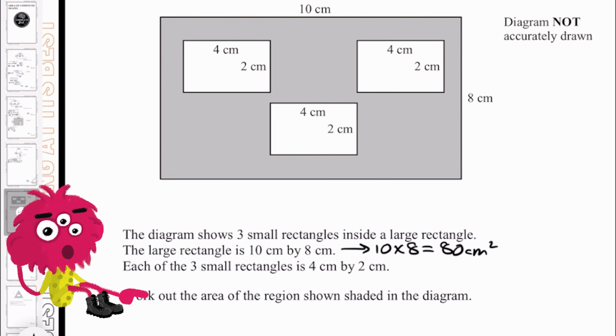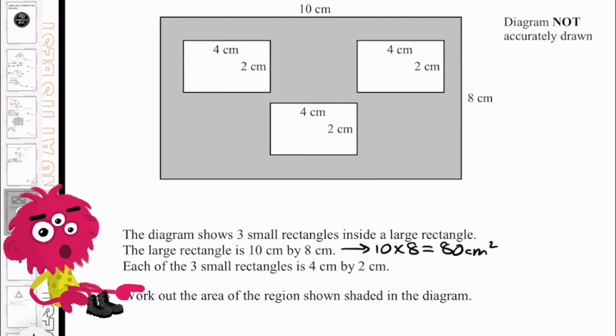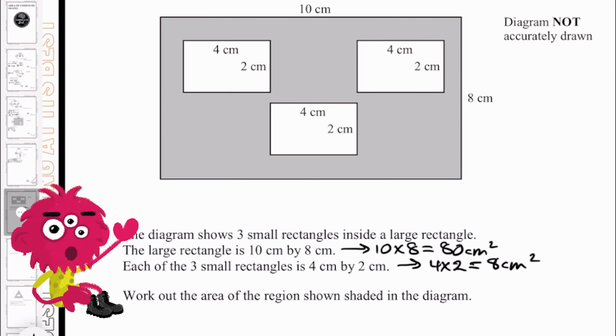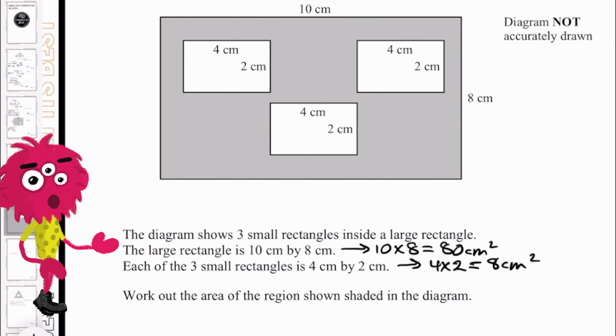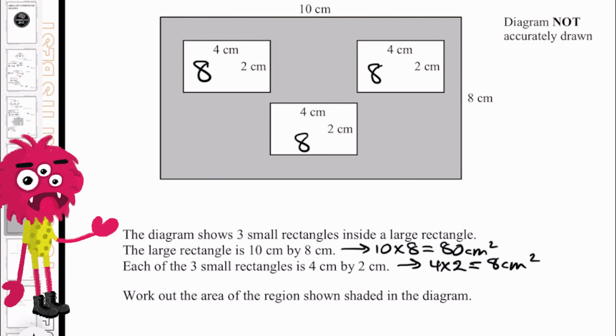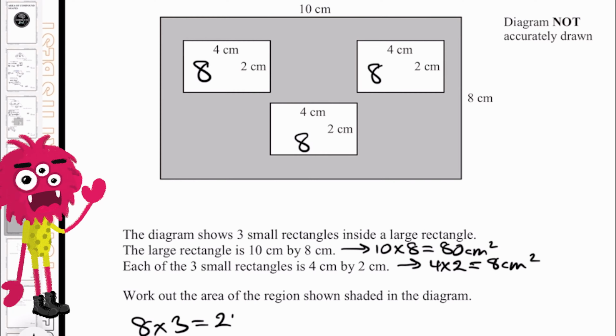And they've also told us that each of the 3 small rectangles are 4 centimeters by 2 centimeters. So we instantly know here that each rectangle is worth 8 centimeters squared. But we have 3 of these. So if we have 8 in each one, 8 times 3 gives us 24.